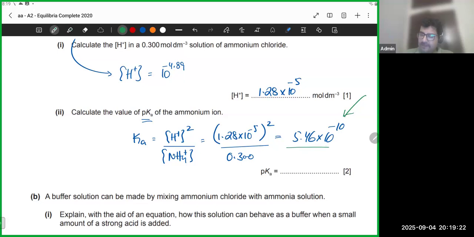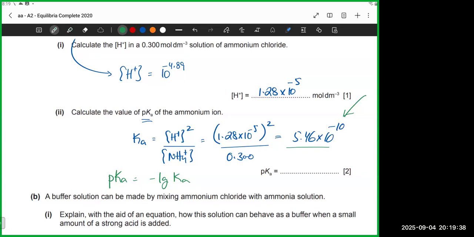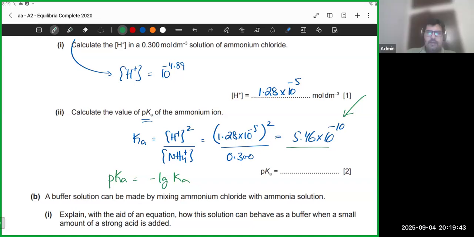So what is the negative log of this? Yes, so that is 9.3. So that is 9.3.